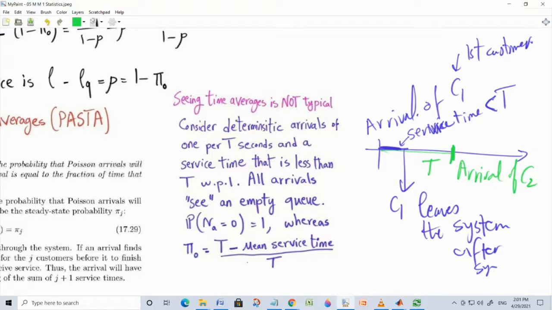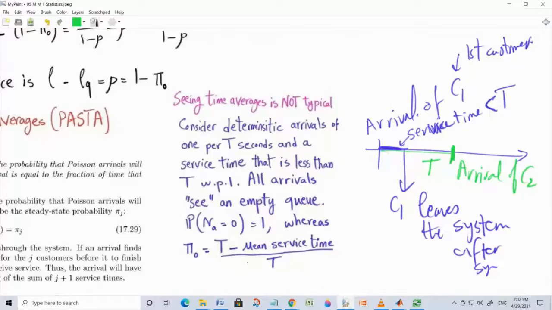The moral of the story is that once you start using things other than memoryless distributions and so on, you need to make a distinction between those pi probabilities that you obtain and how the queue is actually experienced by the arrivals. You may think that these two things are the same, but they are not.